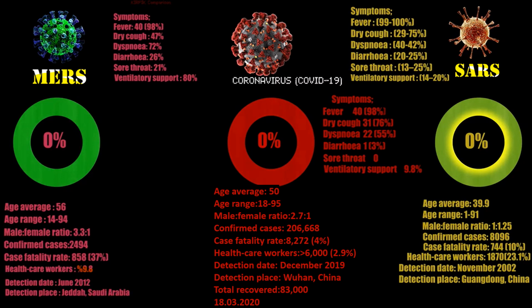Symptoms in SARS included fever, the most common presentation, followed by dry cough and dyspnea, and some 25% of the patients had diarrhea, while in MERS it was fever, dry cough, and dyspnea.